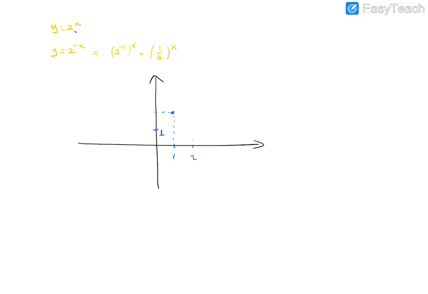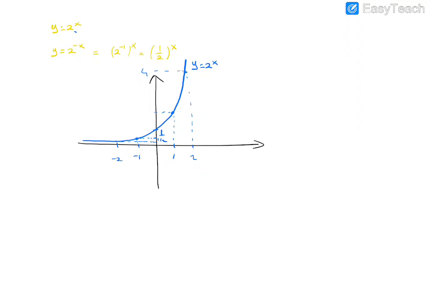If x is 2, its value is 4, somewhere here, etc. If x is minus 1, the value is 1 over 2. If x is minus 2, the value is 1 over 4. Okay, so the graph by using the point sketching idea looks like this one. So this is the y equals 2 to the power x graph.